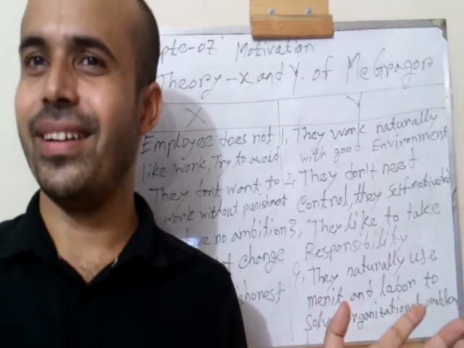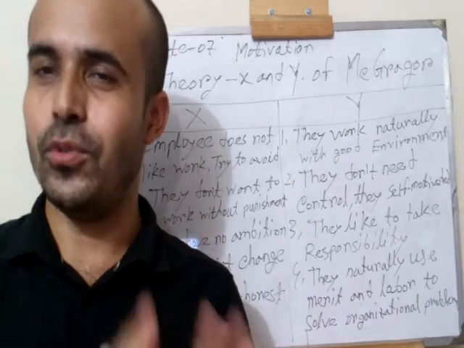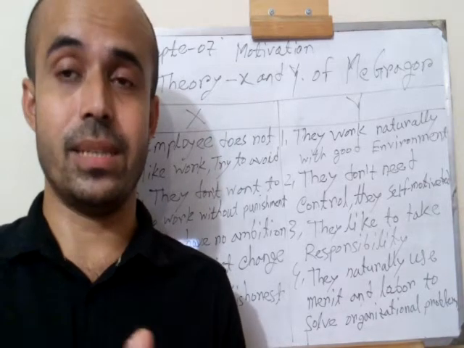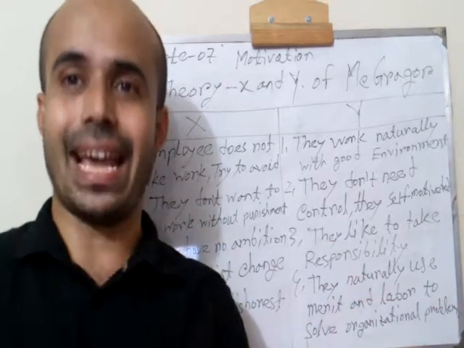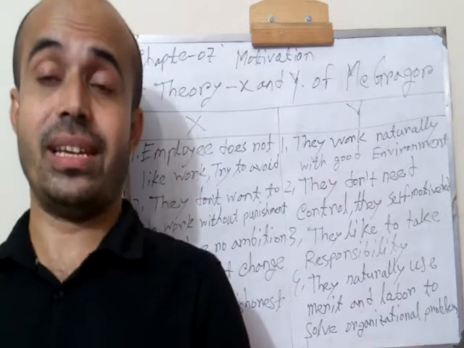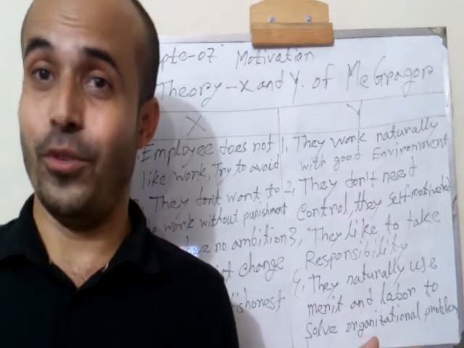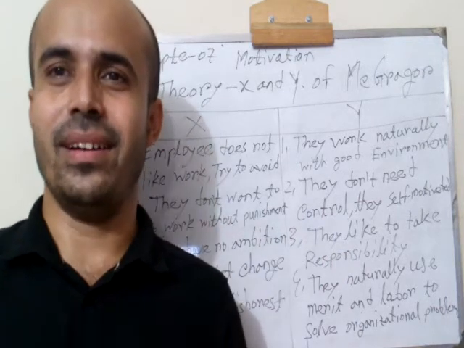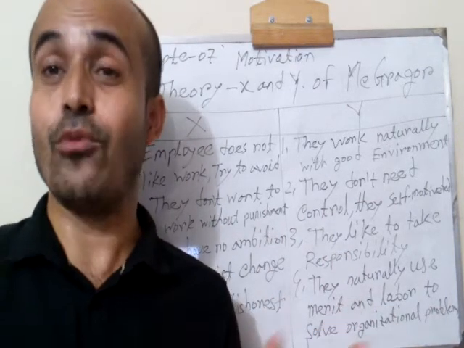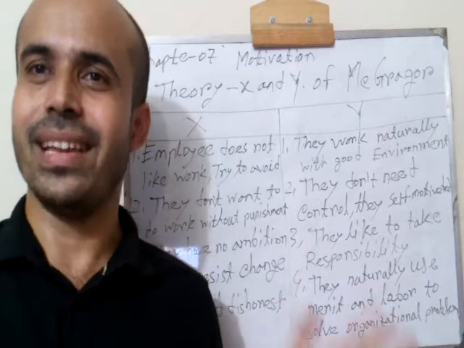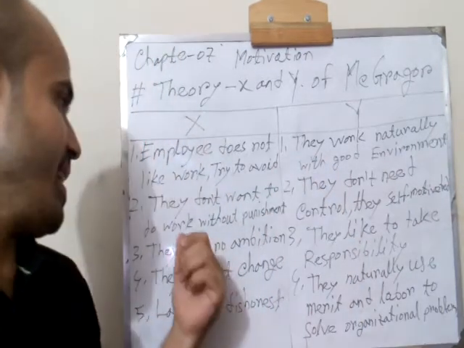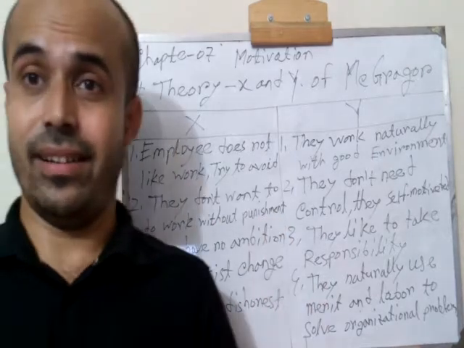Some workers don't want to do work without any punishment or without the threat of being sacked, of being given a termination letter. So this is a negative thing. I hope not everyone is what we are thinking, but McGregor gave two sides, a positive side and a negative side also.